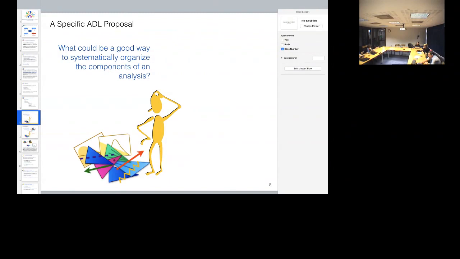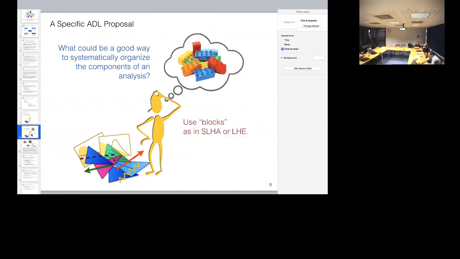And one thing that we already know about and have used successfully is using block structures to define entities, such as in our case, objects like electrons or what have you. And such blocks have been used, as you well know, before, for example, in the SLHA or LHE formats that were developed some time ago.